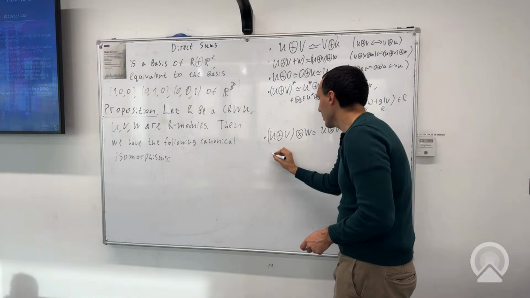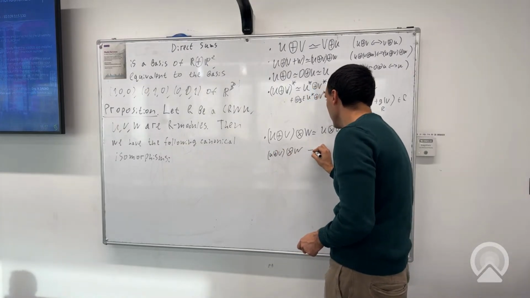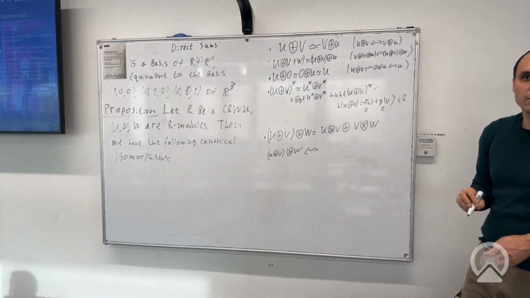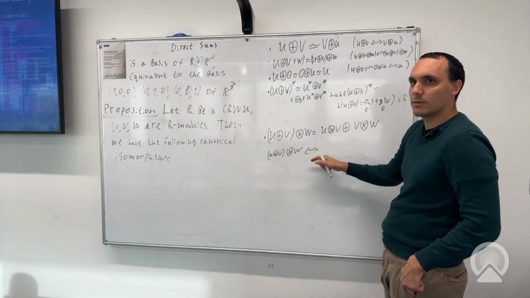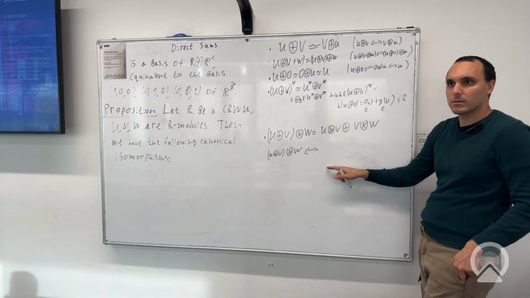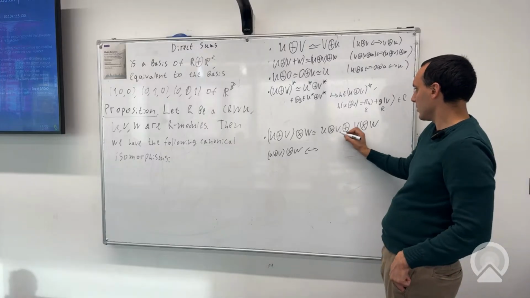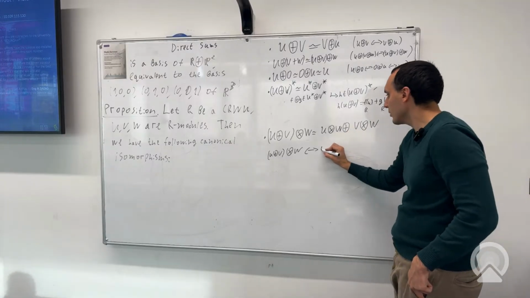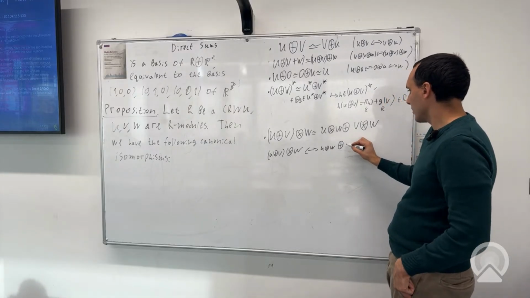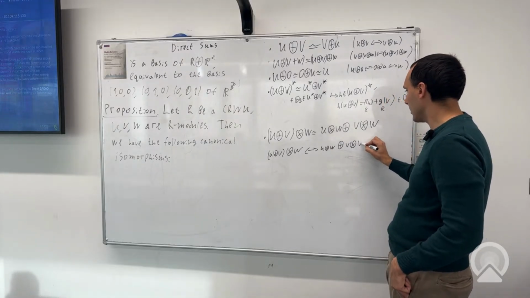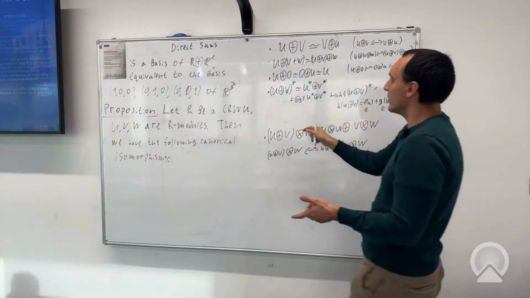If I have (U plus V) tensor W, I map to U tensor W plus V tensor W.